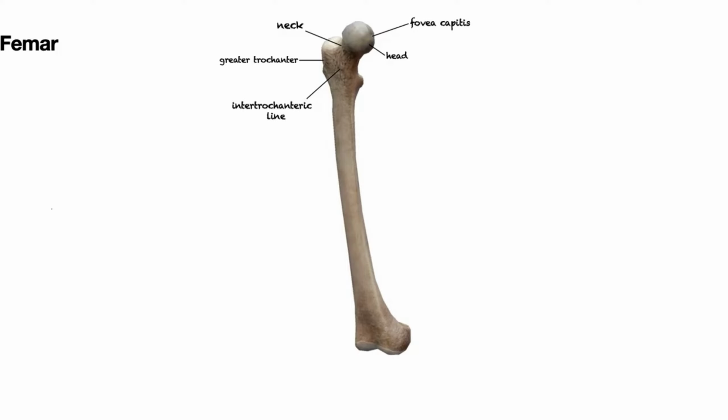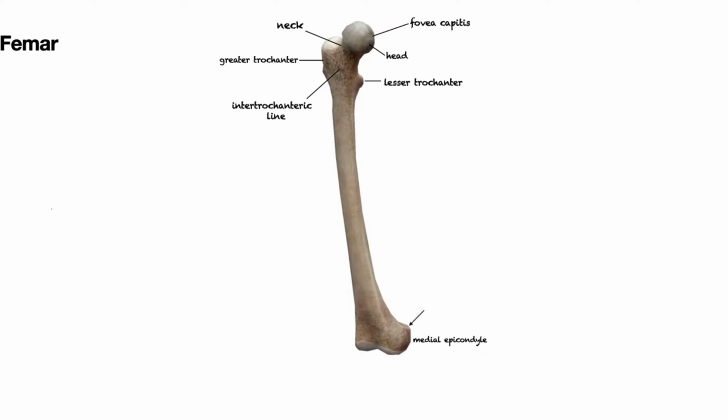Intertrochanteric line. How about here? This point here. That's right. Lesser trochanter, right? Lesser trochanter. And here, medial epicondyle down here to give us some reference of where we are.